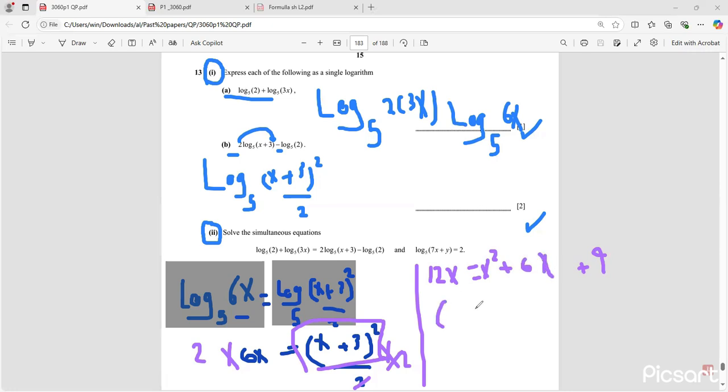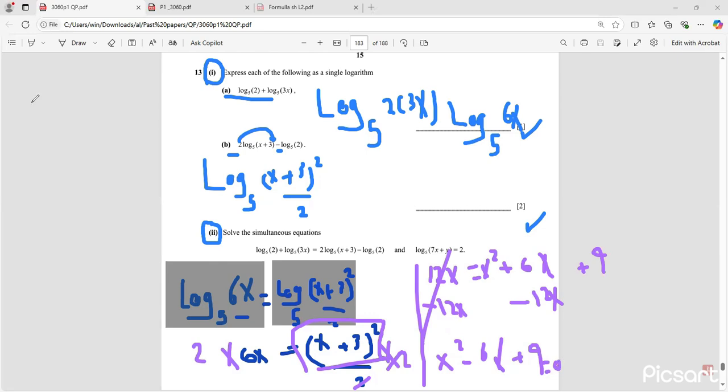Before we solve we have to subtract 12x from both sides. Then x squared minus 6x plus 9 equal to 0.